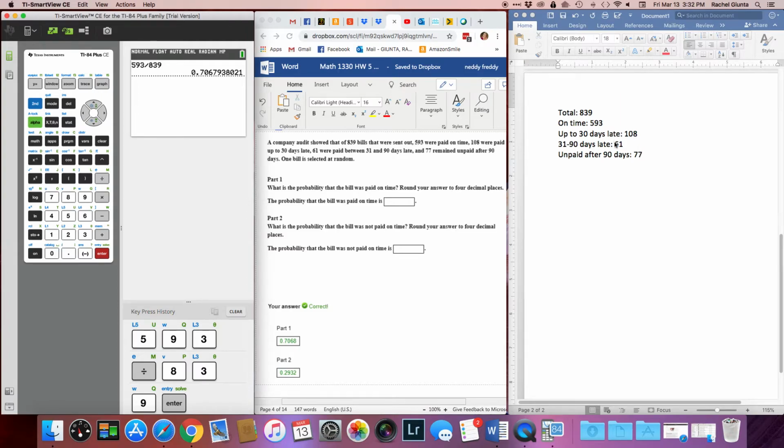So we could add these all together and then divide it by the total. But because we've already figured out the probability that it is paid on time, we can also take the number that represents all the bills, which in terms of probability is 1. 1 is like 100% when you're using decimal values.